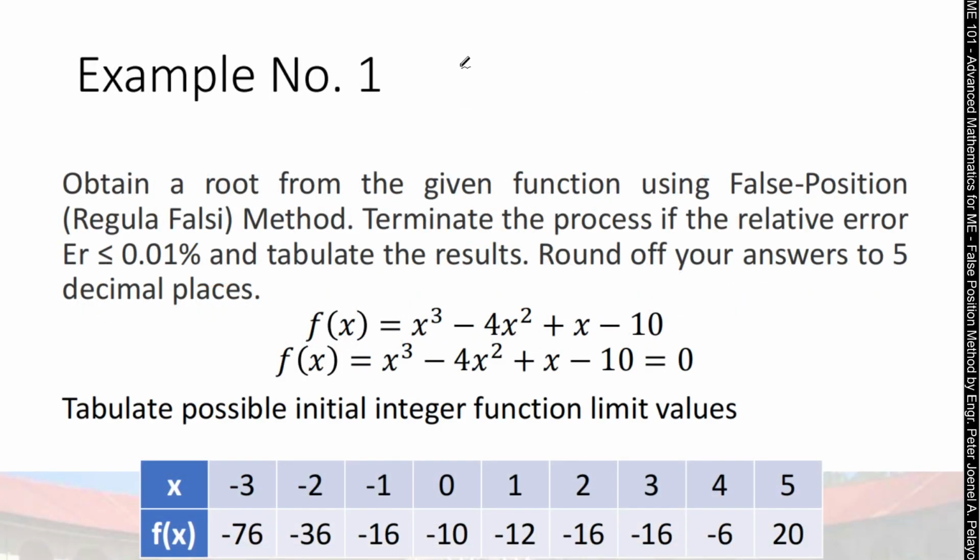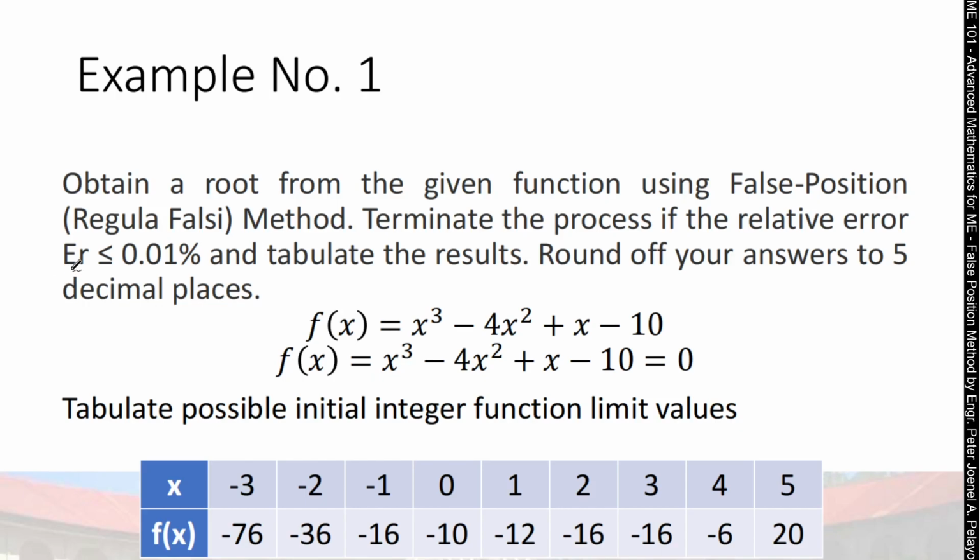So example number 1, obtain a root from the given function using false position method. Terminate the process if the relative error is less than or equal to 0.01% and tabulate the results, and then round up your answers to 5 decimal places.